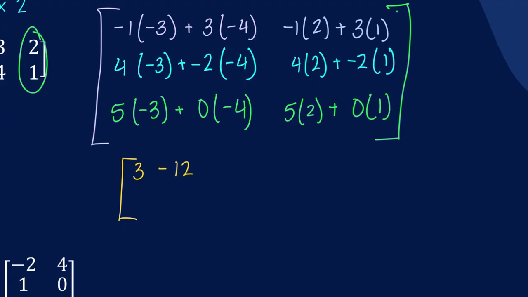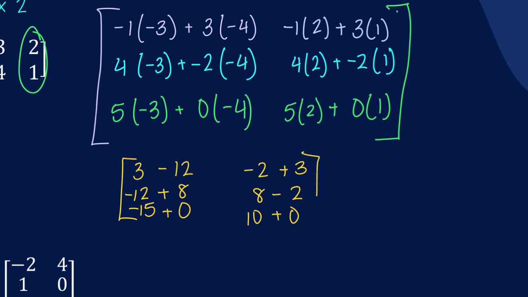And then I'm gonna have, solving the next one, -2 plus 3. Then I'm gonna have -12 plus 8. I'm gonna get 8 minus 2, -15 plus 0, and 10 plus 0.